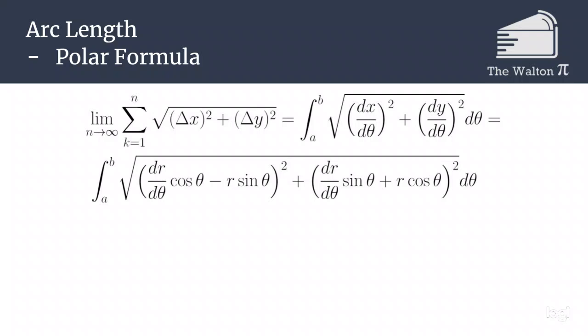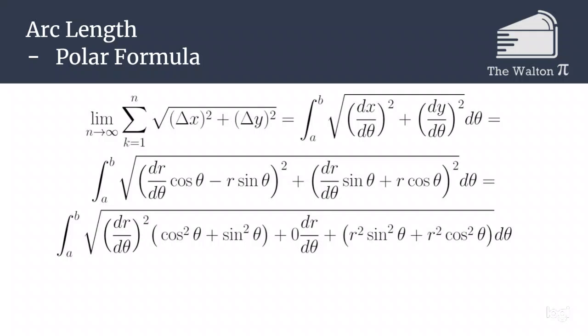And so if we were to expand out all of that, so FOIL out the dr d theta cosine theta minus r sine theta, and that squared, and then expand out the other one, there will be some terms canceling, and that's signified by the 0 dr d theta. All of those terms end up canceling.